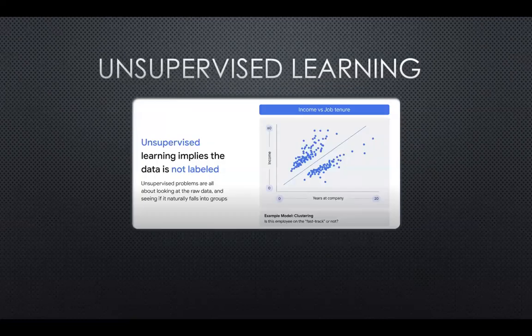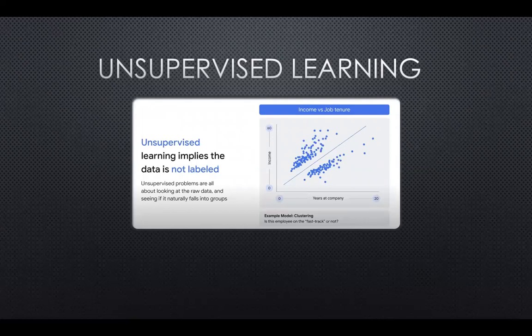In unsupervised learning, the data is not labeled. And this is a big challenge because this really means that those labels do not exist. So the challenge is to find out patterns in this data and figure out if the data naturally falls into different groups or not.